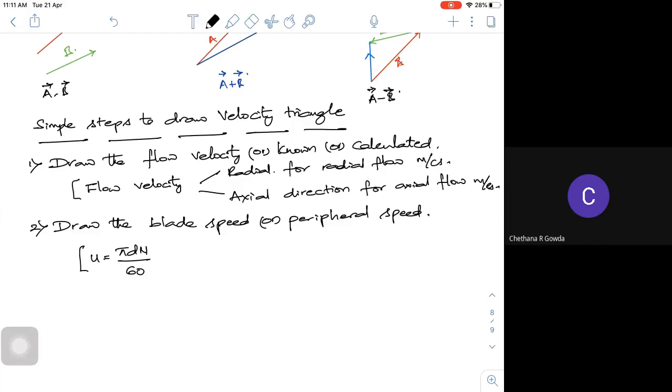So here, if it is a radial flow machine, I will be getting U1 is equal to pi d1 n by 60, and U2 is equal to pi d2 n by 60. And for an axial flow machine, U is equal to pi times the mean diameter, or mean radius, multiplied by n by 60.